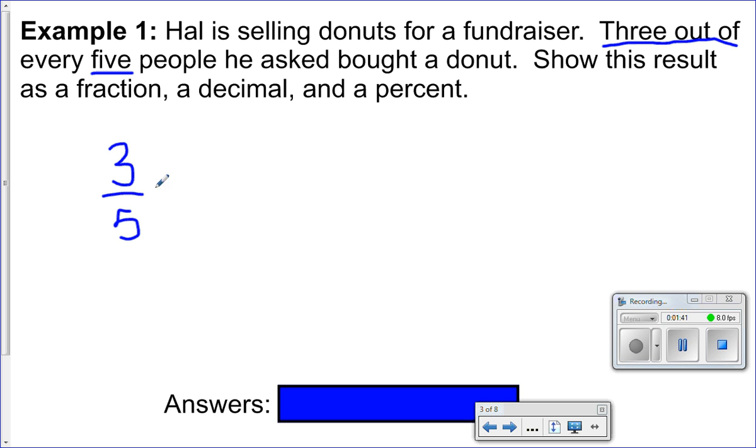Now, if we want to turn this into a decimal, there's a couple of ways. One way is to use division, or we could actually make this a fraction out of 100.